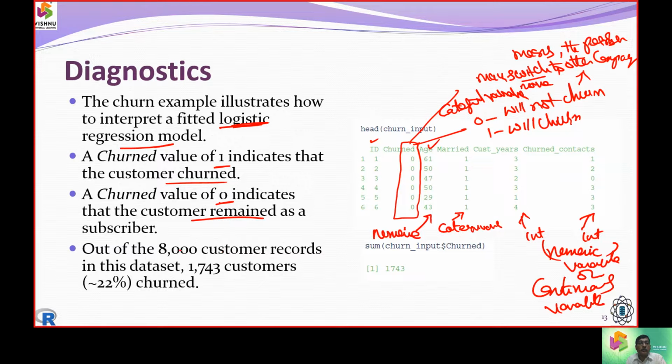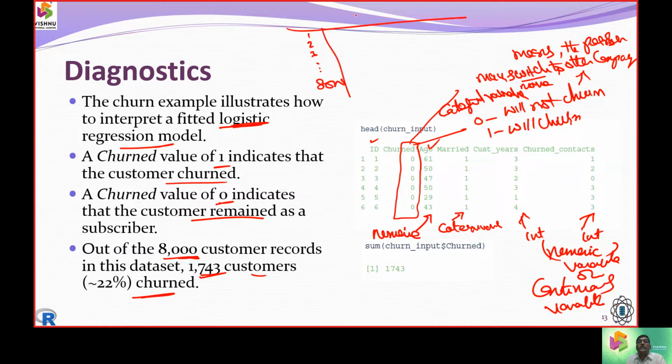So altogether there are 8,000 customer records, and in this, 1743 customers, that is 22%, had already churned. So I'm going to have 1, 2, 3, like that, 8,000 records.